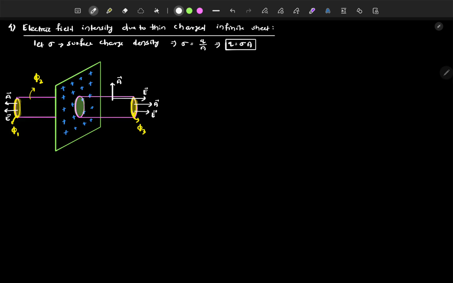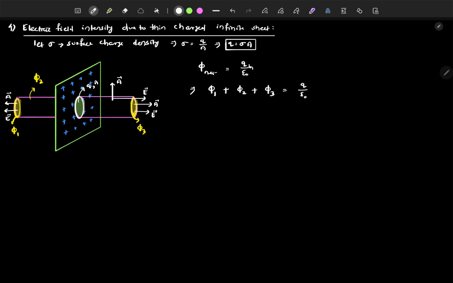So total flux phi net is equal to Q enclosed by epsilon naught. Phi net means flux through the first surface plus flux through the second surface plus flux through the third surface is equal to Q enclosed divided by epsilon naught. The total charge available within this portion in area A is Q.